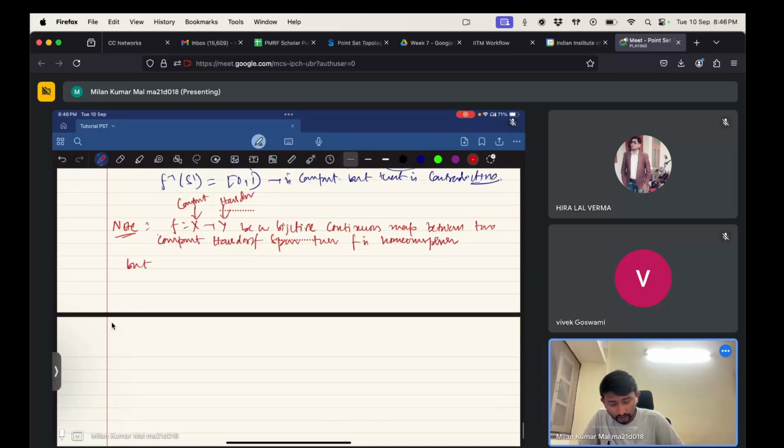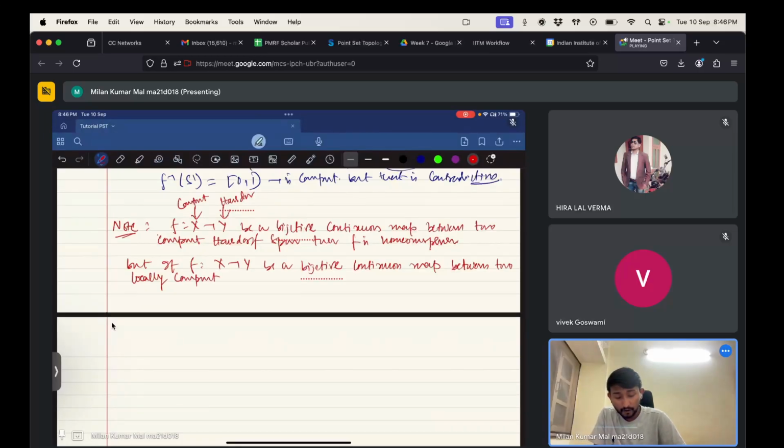But if f from X to Y is a bijective continuous map between two locally compact Hausdorff spaces, then f need not be a homeomorphism.